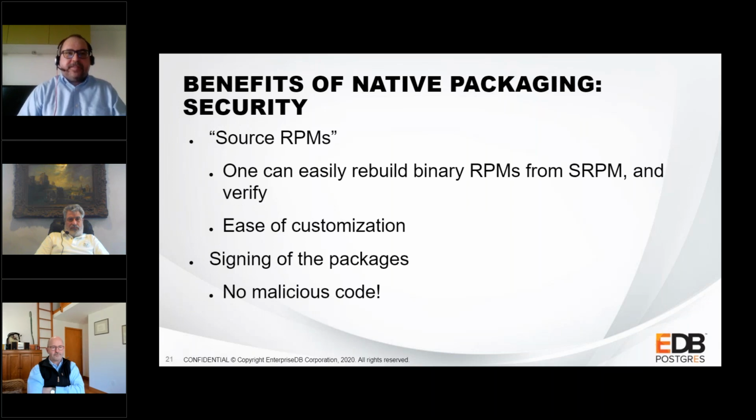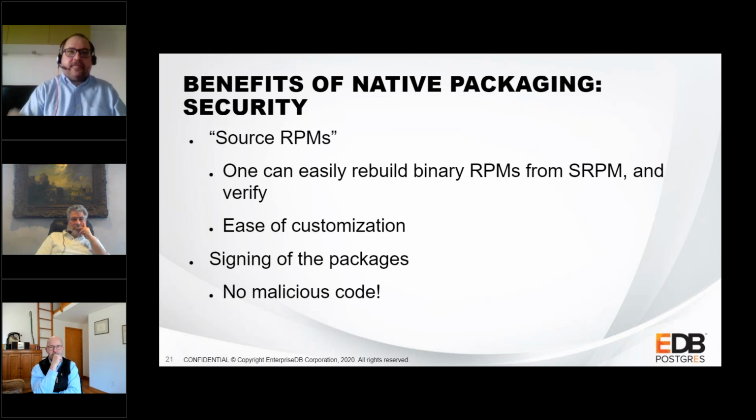As I told you, I want to spend some more time on the security topic, because it's quite important. The community repo also provides the source RPMs, which means we have the source code ready for you. So if you want to rebuild the same package, you can just build the source RPM on your machine.